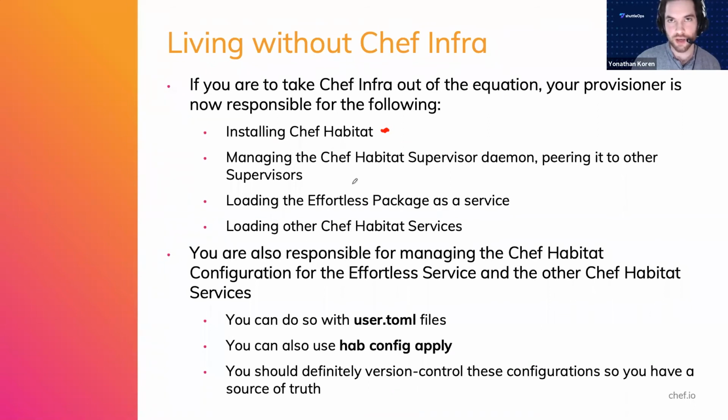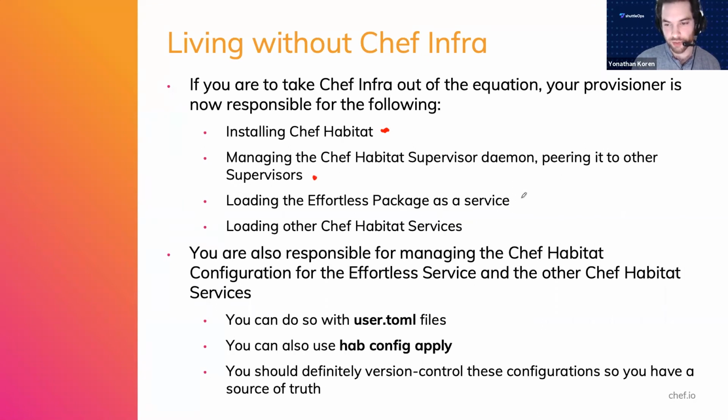If you're going to be actually creating the ring architecture and saying, well, this set of 10 instances are part of a ring because I want them communicating to each other so I can have service groups, or if I want a permanent peer that they will always try to communicate to, and this peer is the instance that I do hab config applies against as a single gate for configuring the Chef Habitat supervisor ring, then you need to do all that yourself.